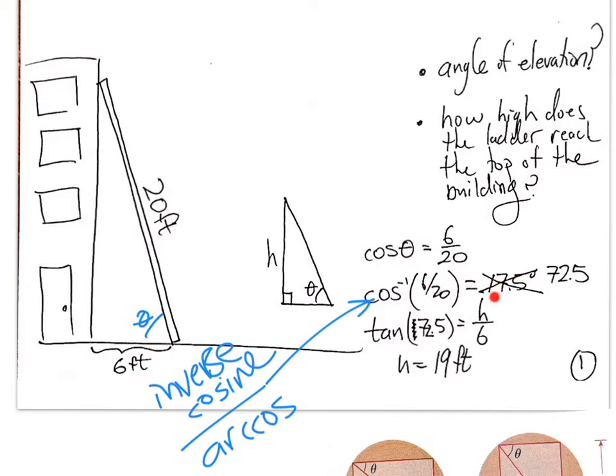I typed it in, but I used the arc sine instead, and this looked weird, so I checked, and it gives us 72.5 degrees. In order to find h, we can say that tangent of the angle is the height over 6. So tangent of 72.5 equals h over 6, and so we get about 19 feet. I think it was 19.02.